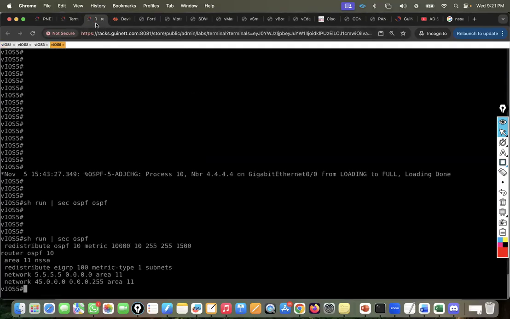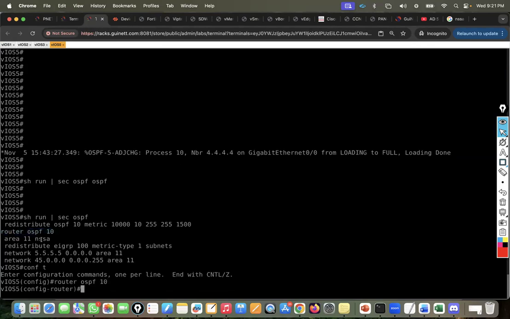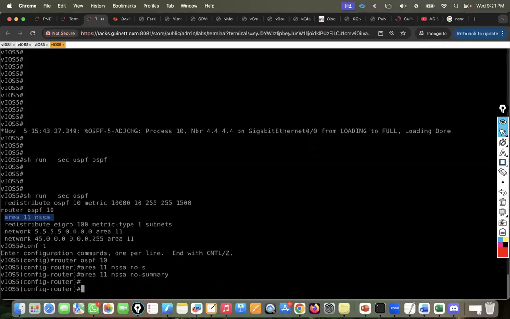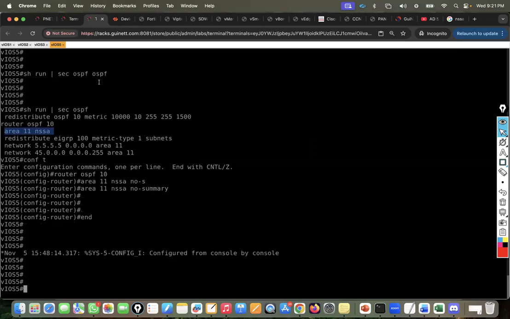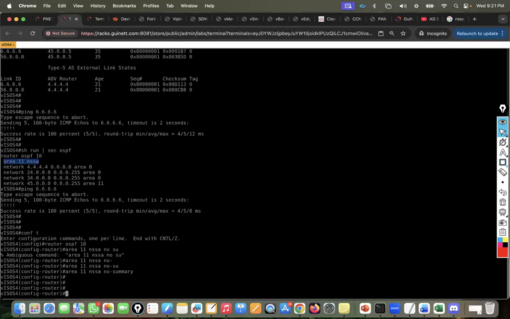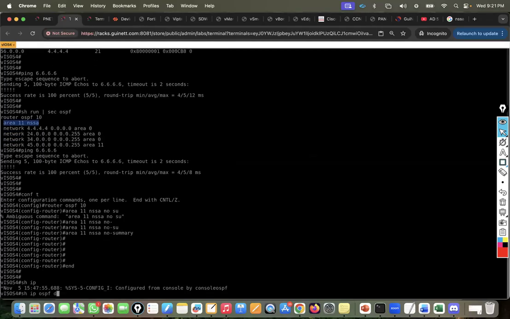Okay. Config T. Okay, clear? So if I now see in R4, show IP OSPF database.